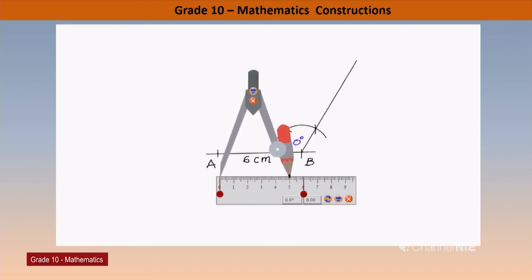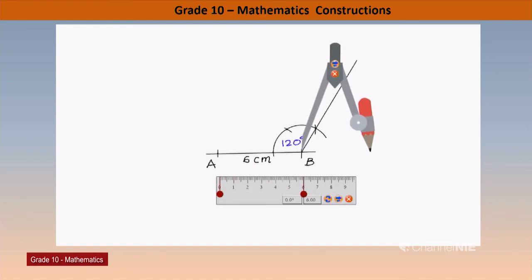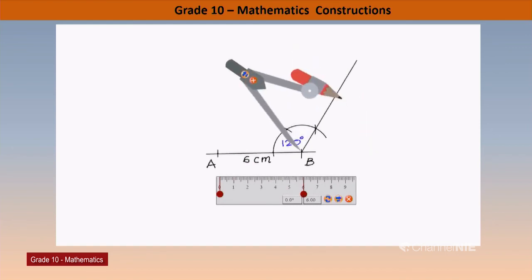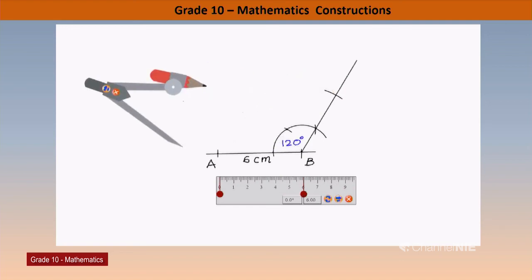Take 5 centimeter, take B as center, draw an arc to intersect that line. So, we found a new point, that is the point C.